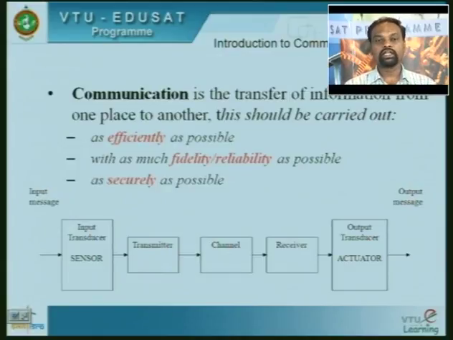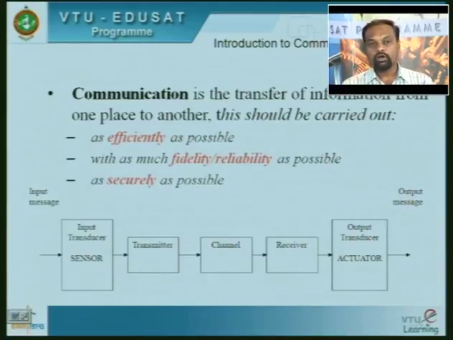We will understand that in detail, but the processing done by the transmitter is to ensure that the signal that is going to be launched onto the channel is compatible with the channel. So to ensure compatibility of the signal that will be traveling on the channel, you may have to do some processing, and that processing is actually done by the transmitter.